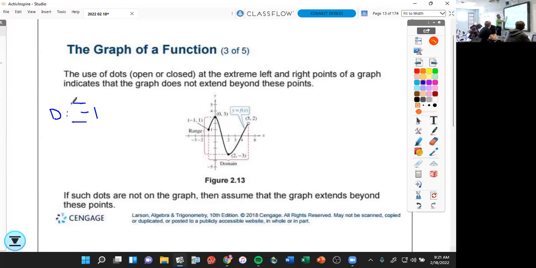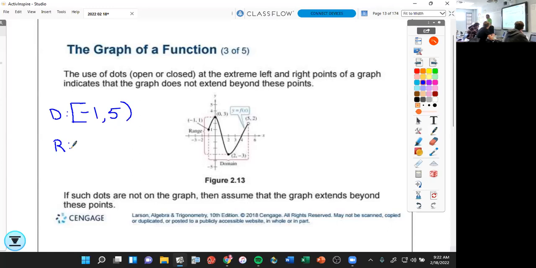Okay, so here's my bracket. I don't draw brackets like that. I was exaggerating on purpose. Okay, so from -1 until, I would like to stay with the x values, please, since we're talking about domain, if you don't mind, 5. Okay. Can it be 5? Okay, so parenthesis.